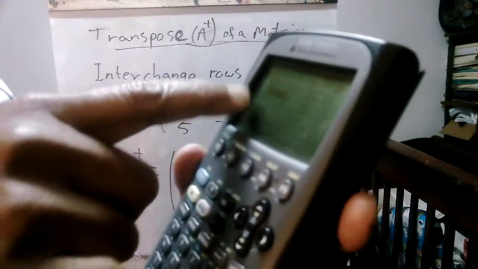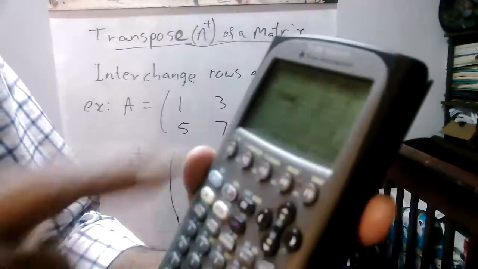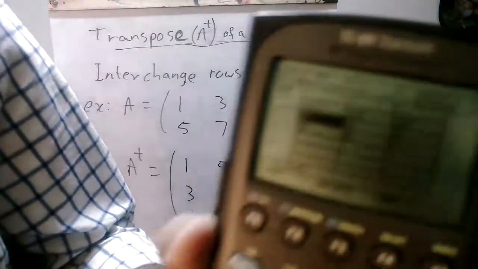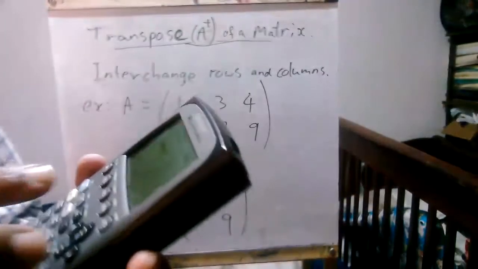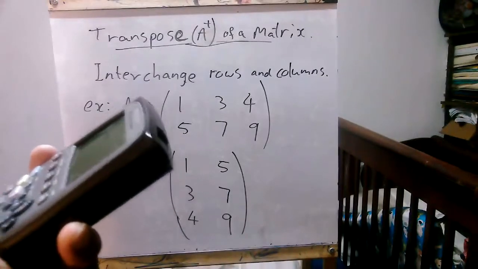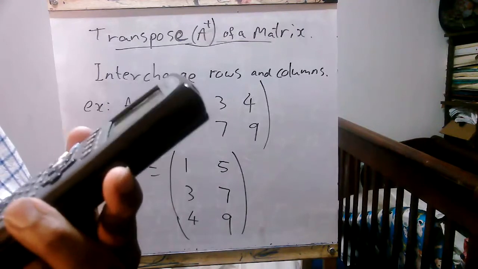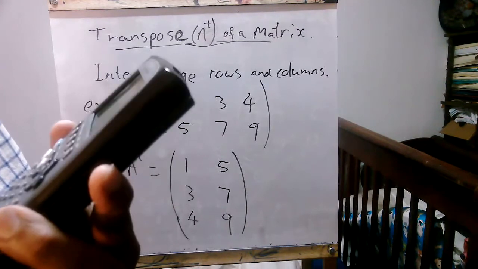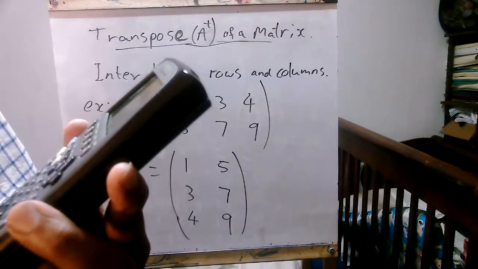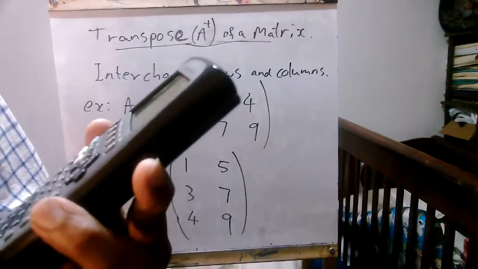Once I do that, you see 2 by 3 matrix I got here with all zeros. Now I can change these to any numbers. I'm entering random numbers 1, 2, 5, 7, 3, 6.